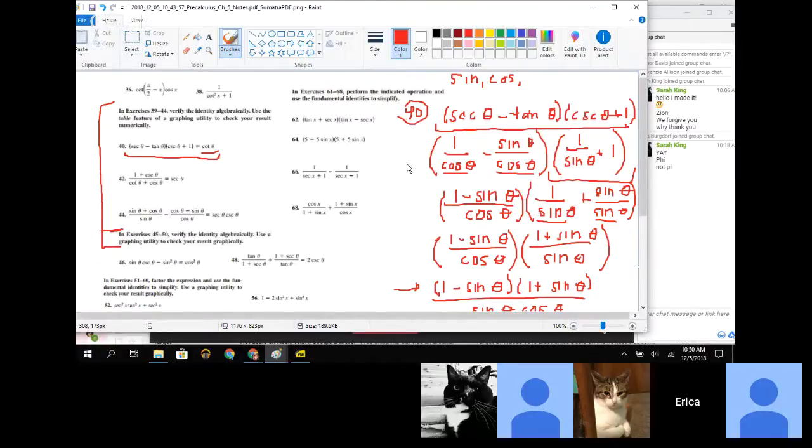Okay, so I know it's a lot, but it's basically a game of how well can you simplify? I honestly think that 39 through 43 are the four hardest ones there are to do. Once you get past that, they actually get a little bit easier again.